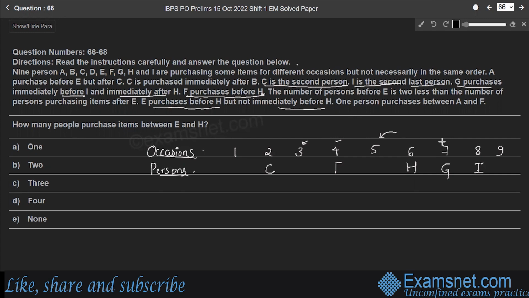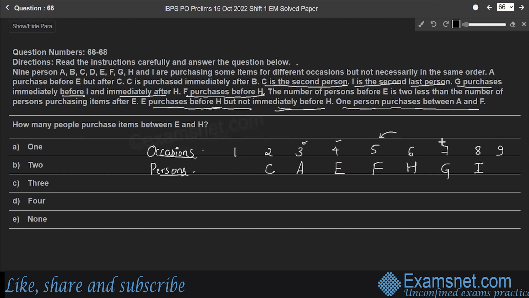And here it is also given that one person purchases between A and F. Therefore, position of A will be the 3rd position and position of F will be the 5th position, and it is given that E purchases before H, not immediately. Therefore, position of E will be the 4th position.